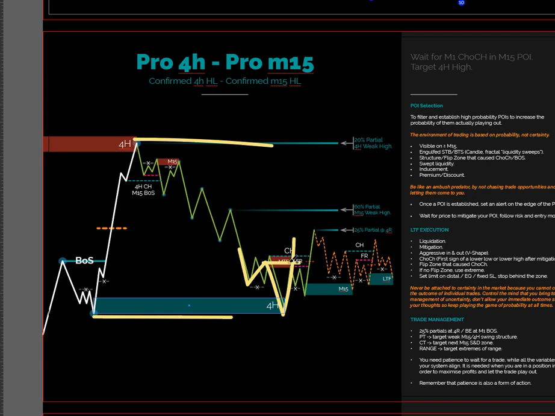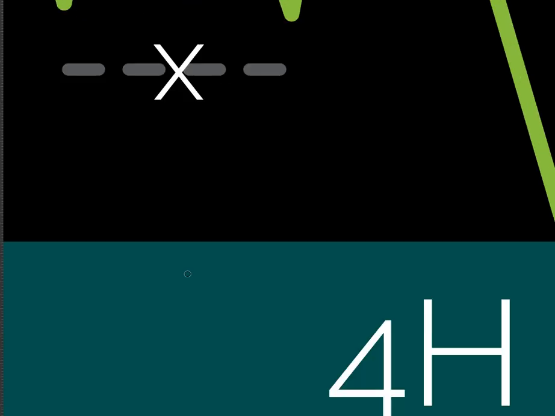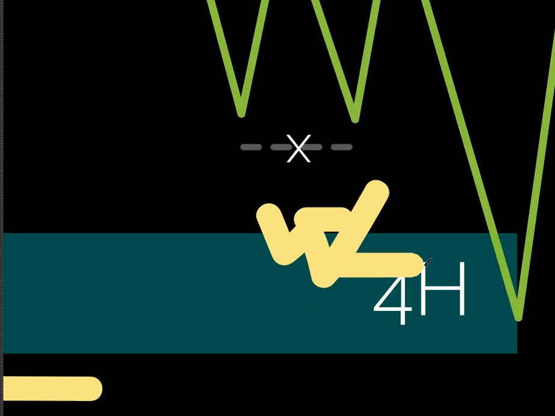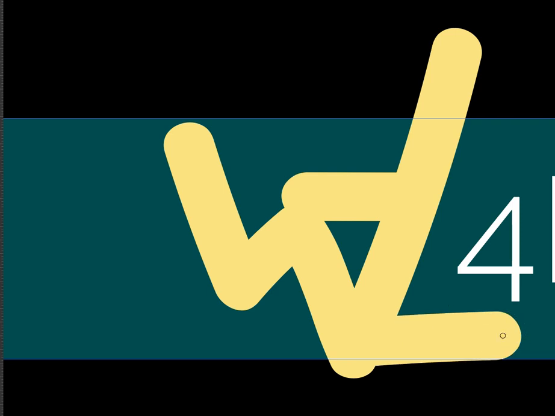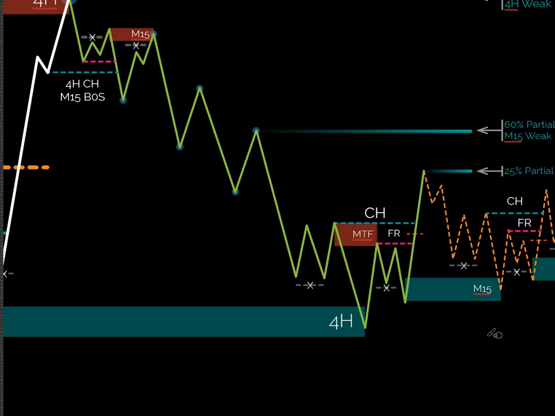Remember earlier on, the first zone didn't work out, right? We went a little bit deeper. The M15 essentially came in, switched bullish, and that first M15 trend change didn't work out, and we ended up taking the second one a little bit deeper into our zone.